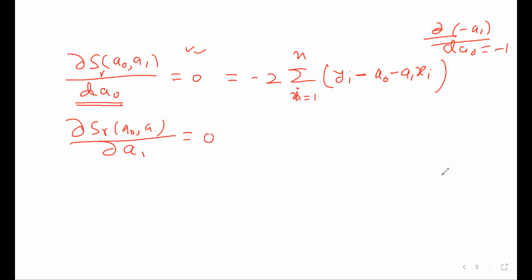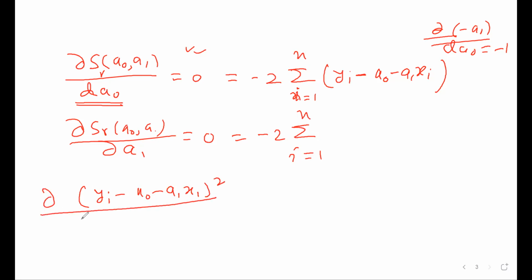Yes, sir. That is very basic, intermediate level derivative. The second term would be equal to -2 sum i equal to 1 to n. You got the point, because your function is (yi minus A0 minus A1 xi) squared, isn't it? If you want to take the derivative of this function with respect to A1, put this function equal to, say, capital Y. Then the derivative will be equal to 2 into y, isn't it?